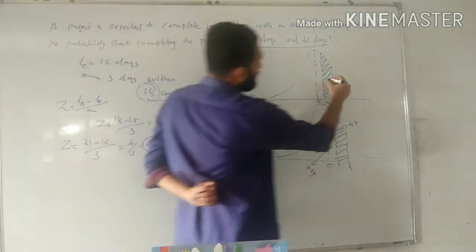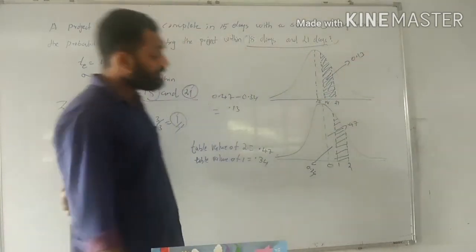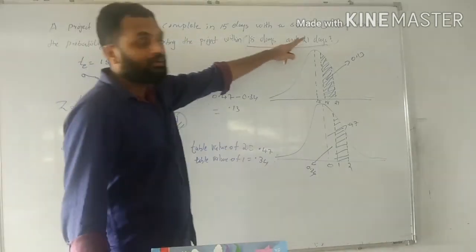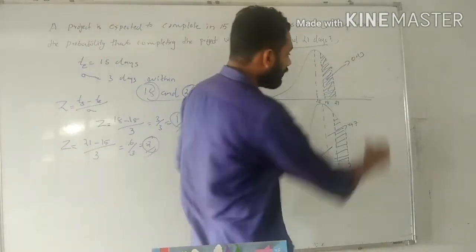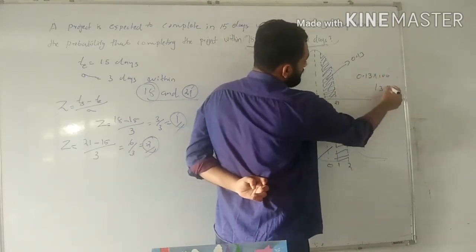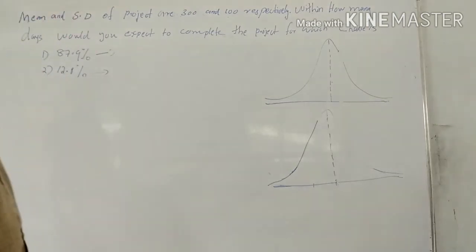So this area is 0.13. So the probability of completing the project within 18 and 21 days is 0.13, or in percentage, 0.13 into 100, that is 13%. See another example.